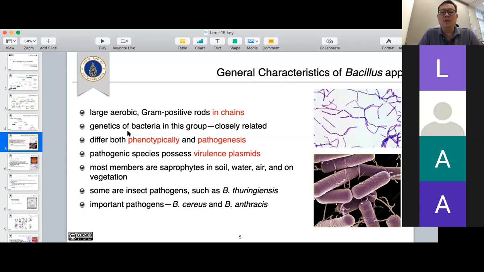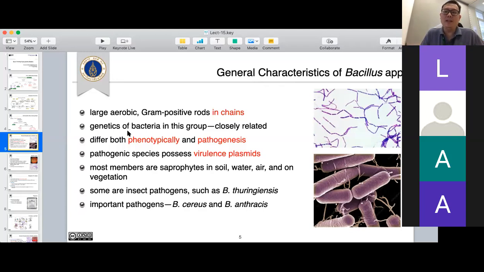So humans cloned this gene and made GMO in so many plants. So when a plant produces alpha toxin, insects cannot eat it. If they eat the plant that is GMO for the toxin, the bacterial toxin in the plant will go to the insect and the insect dies. That's the GMO, okay? That's the application of Bacillus thuringiensis.